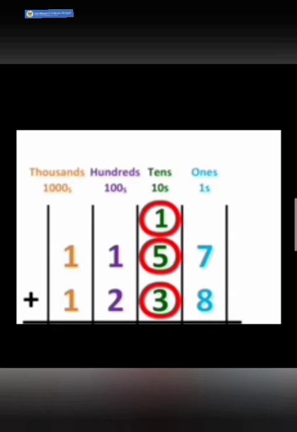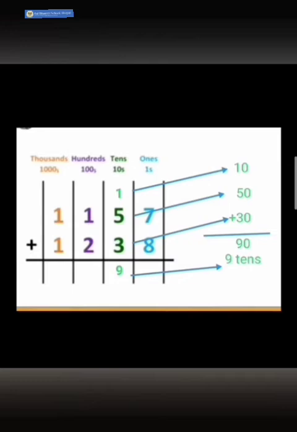Look at the tens column now. We have 1 as the carryover number and it should be added with 5 and 3. One is written as 10 and called as tens. 1 tens is 10. 5 tens is 50. 3 tens is 30.